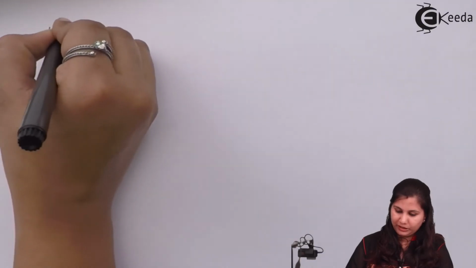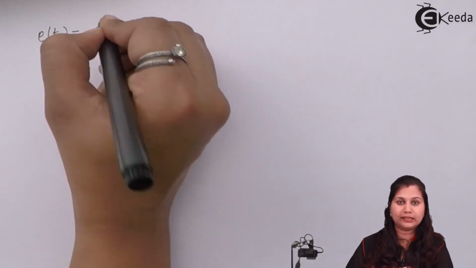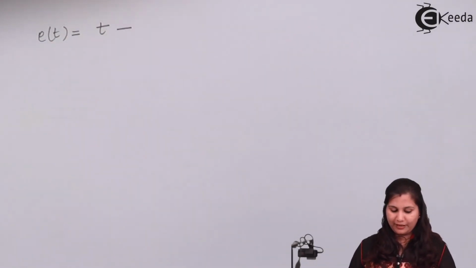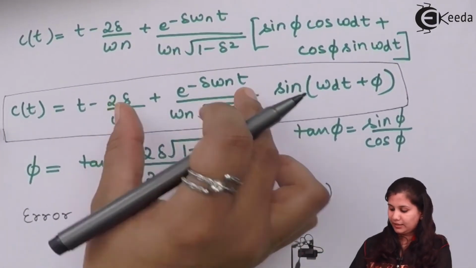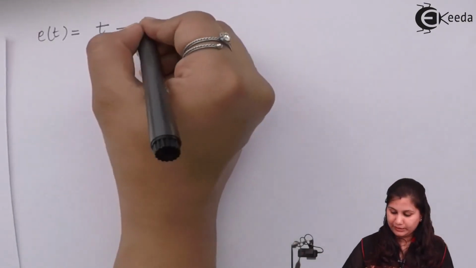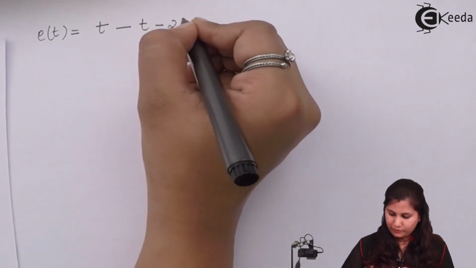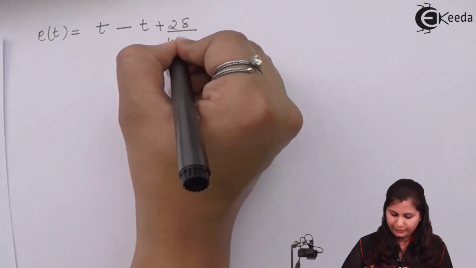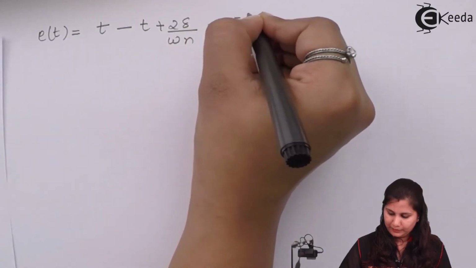So e(t) will be equal to r(t), which is t, minus this c(t) put here.